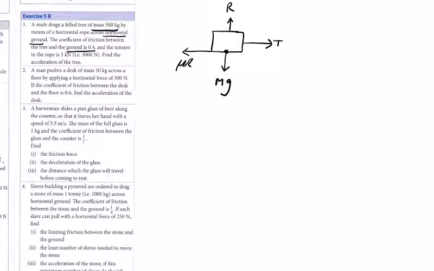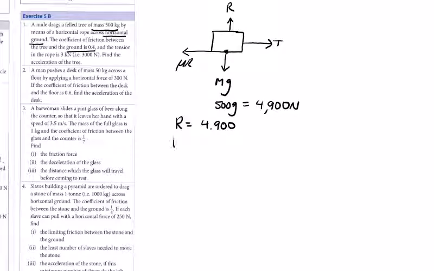We have mg, because the mass is 500, so we have 500g, which is equal to 500 by 9.8, which is 4,900 newtons coming down. So we can say then that R, the opposing force, has to be equal to 4,900.